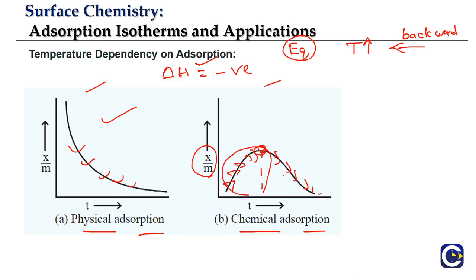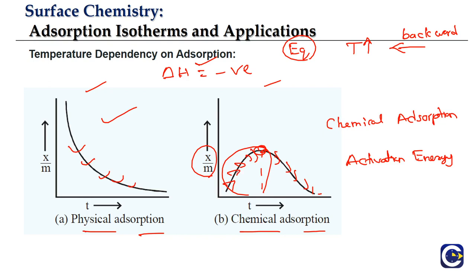Now the initial increase is happening because chemical adsorption is more like a chemical reaction, and this requires activation energy. So initially when we are increasing temperature, more and more molecules are able to obtain the activation energy, and hence they will get adsorbed onto the surface.